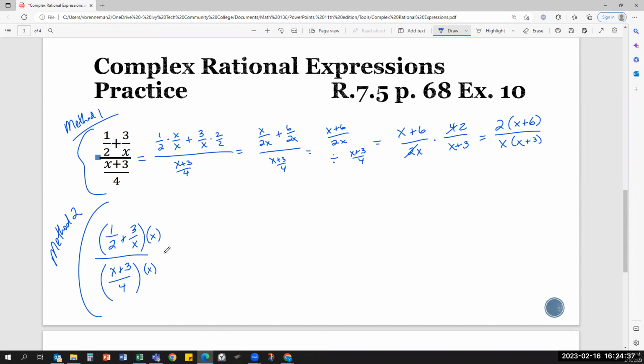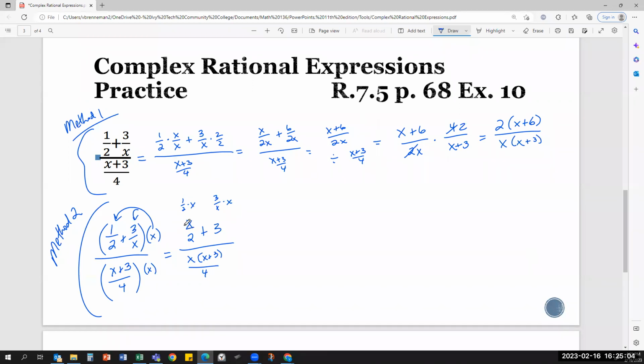All right, so the x distributes on the top, so we have x times 1/2, which is x over 2. Then we have 3 over x times x, and there the x's cancel, so I just have 3. And then on the bottom, I'm just going to have x times x plus 3 over 4.